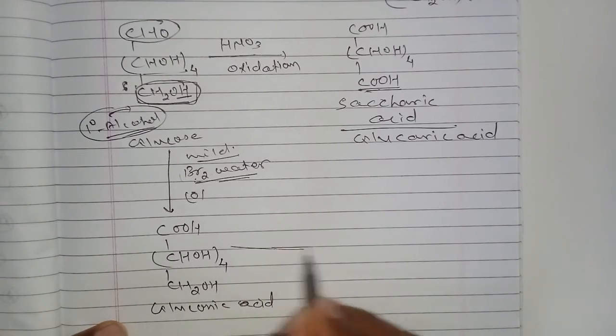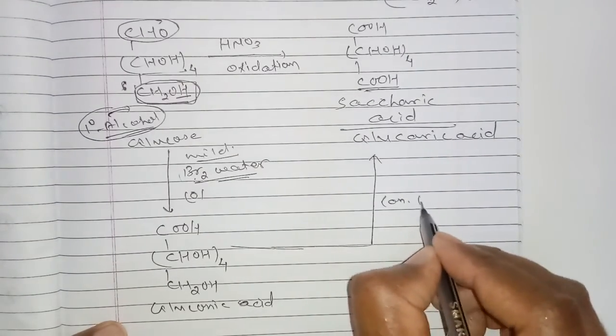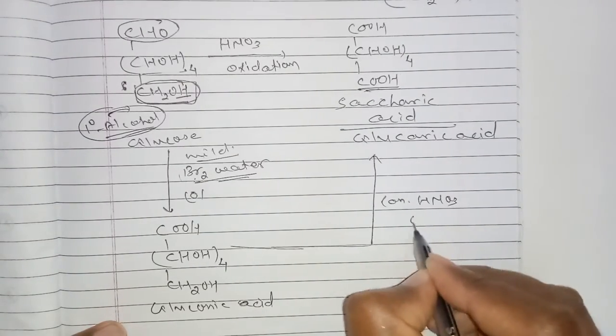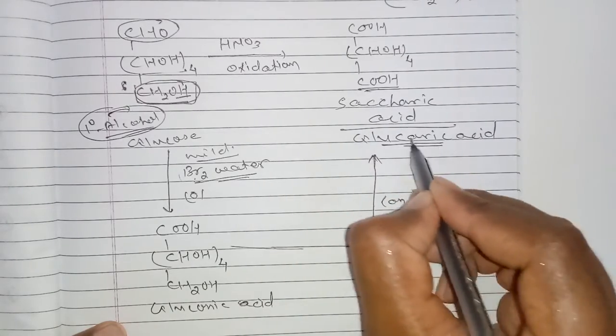This gluconic acid is further oxidized in presence of concentrated nitric acid and converted to saccharic acid or glucaric acid.